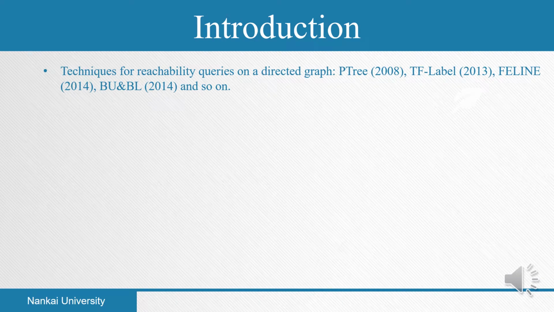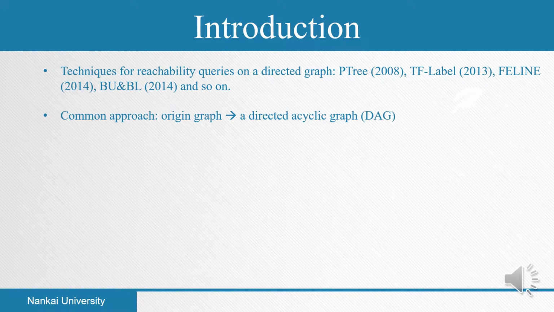Nowadays, there are lots of techniques for reachability queries on a directed graph. A common approach for these methods is to transform the input graphs into their corresponding DAG. DAG is a directed acyclic graph.